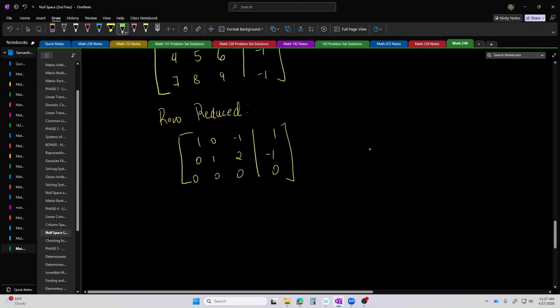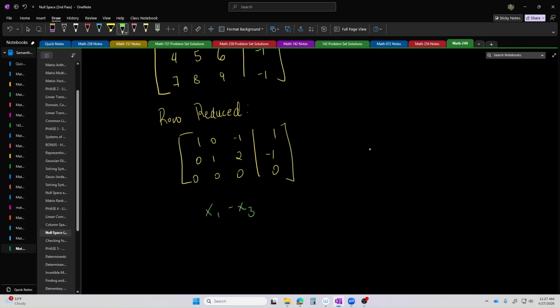So the first row of this matrix would say something like x1 minus x3 equals 1. x2 plus 2x3 equals -1. And the variable x3, once again, is free because our coefficient matrix only has a rank of 2. So that leaves a free variable here.